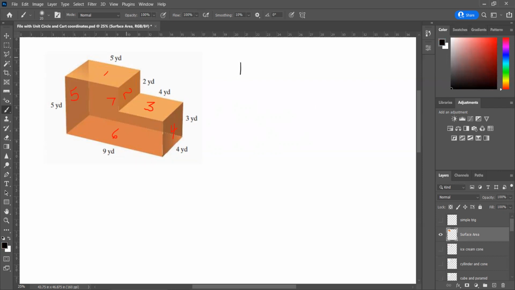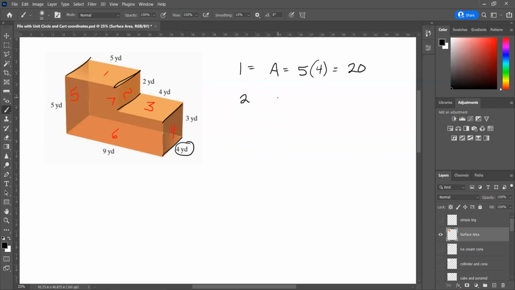So side 1 is a rectangle. So area would be length times width, 5. Now I need this width. Well, if we follow down, it looks like 4 yards is that same width for each one of those lines. So we'll just use that 4. So 5 times 4 would be 20 square yards.